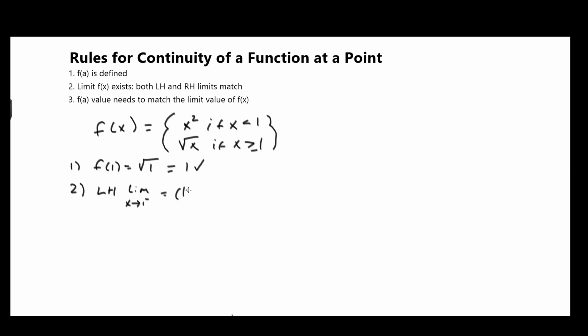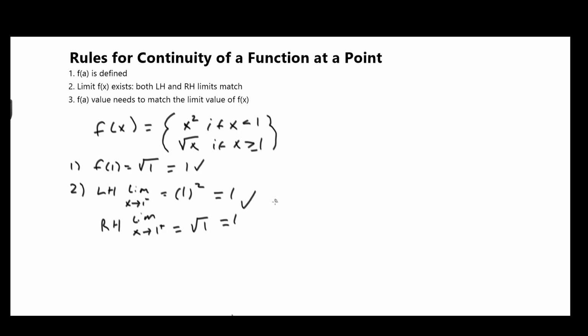So that'll be 1 squared, and that's equal to 1. And for the right hand, we just get the square root of 1. That's also equal to 1. So both our left hand and our right hand limits match.